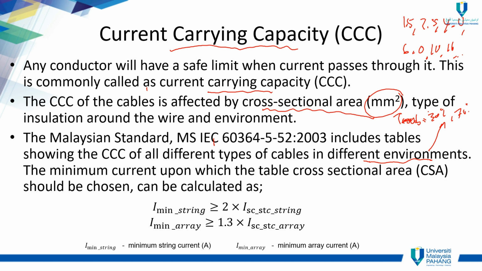The minimum current upon which the table cross-sectional area should be chosen can be calculated as: I minimum string equals 2 multiplied by I_SC STC string, and I minimum array equals 1.3 multiplied by I_SC STC array.